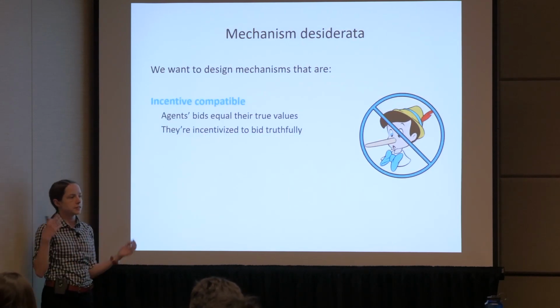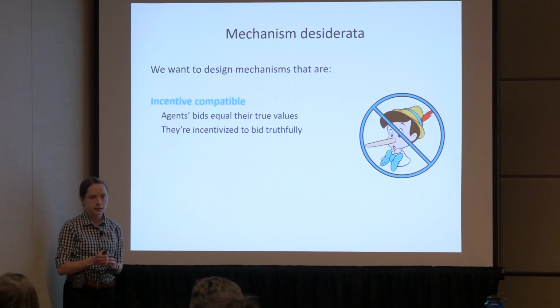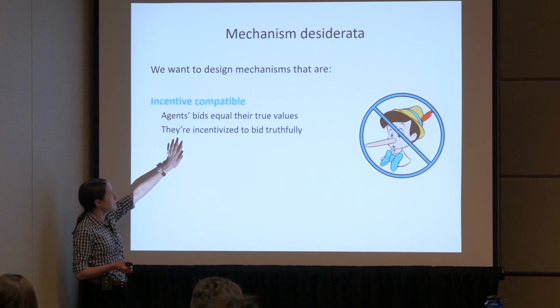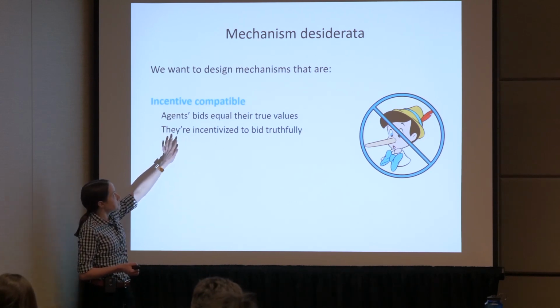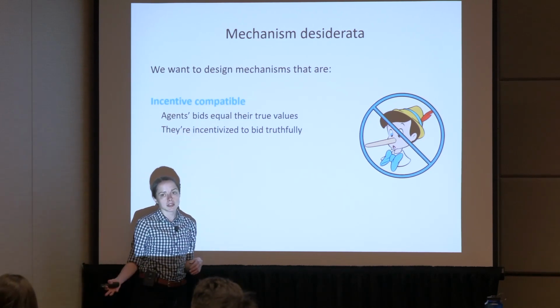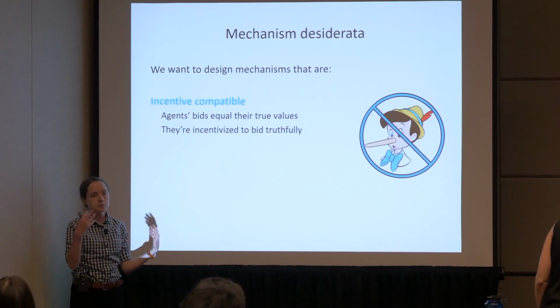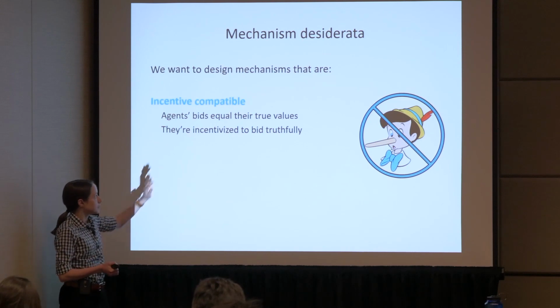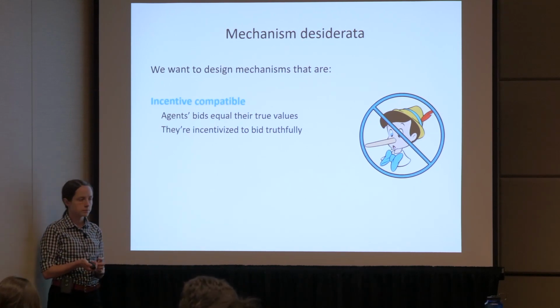So this brings me to two properties that we want our mechanisms to satisfy. The first is incentive compatibility. A mechanism is incentive compatible if the agent's bids will always equal their true values. They're incentivized to bid truthfully.